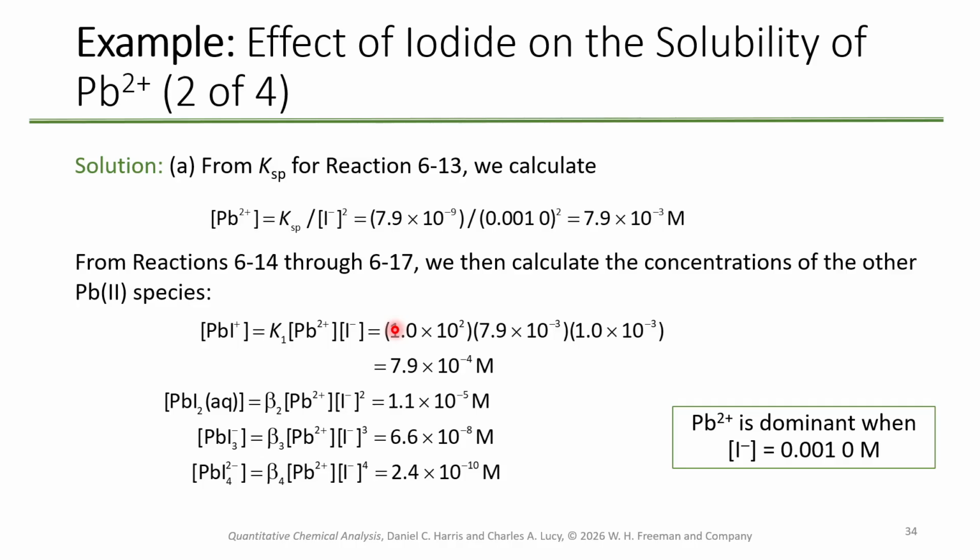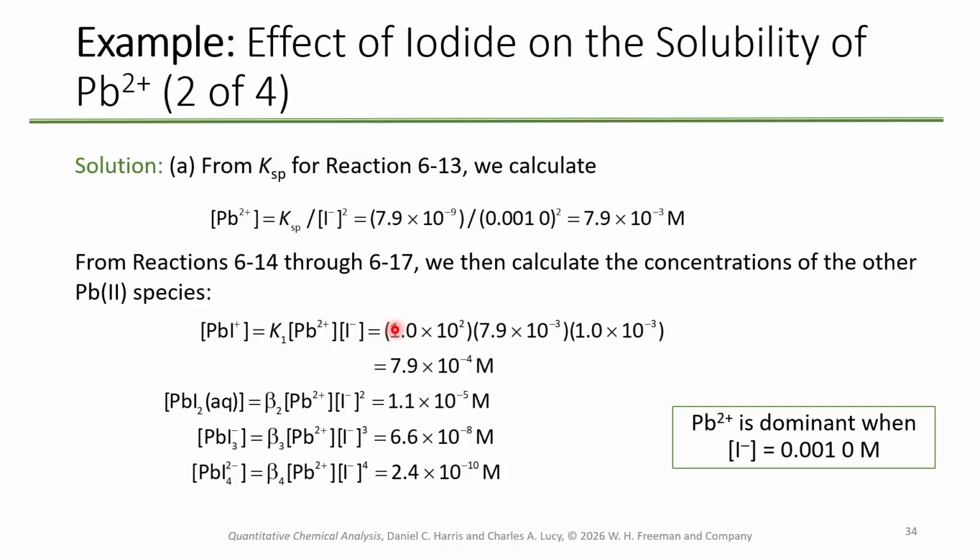Because the largest equilibrium constants means you make the most of it at the end. The smaller ones are actually going to make less of them at the end. If you have large enough equilibrium constants that they make a large enough product, you could consume almost all of your lead here.